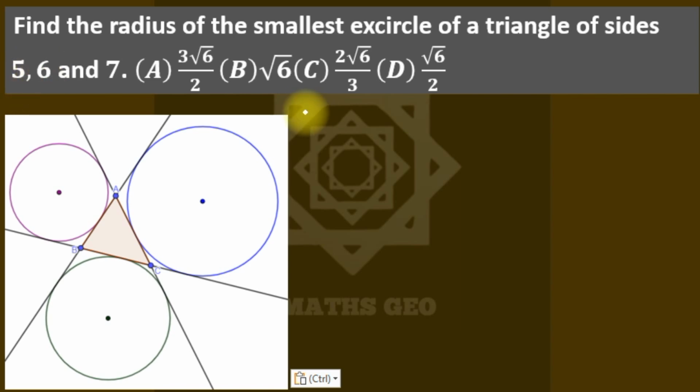There is a formula connecting the area of any triangle with its excircle radius.